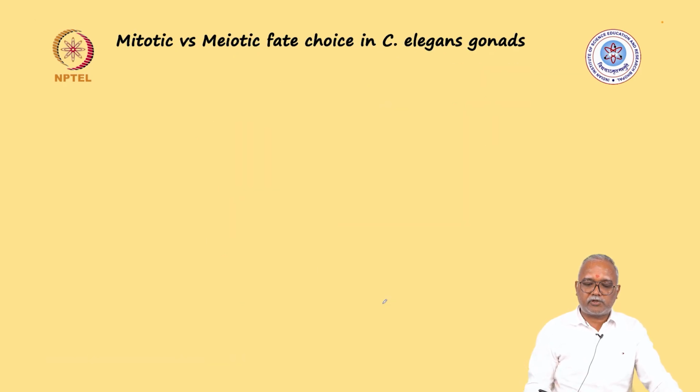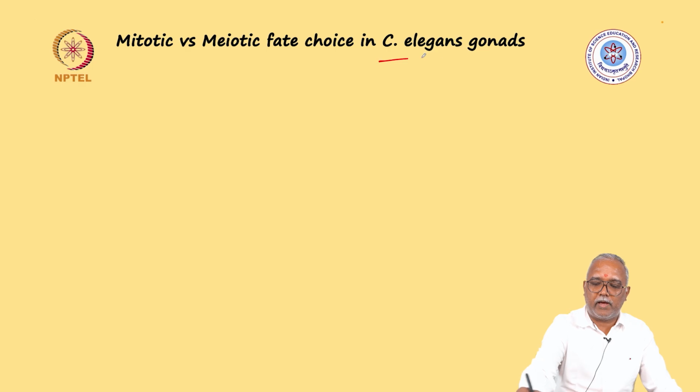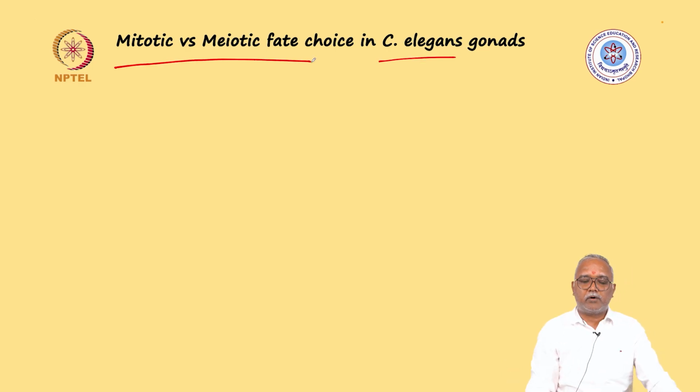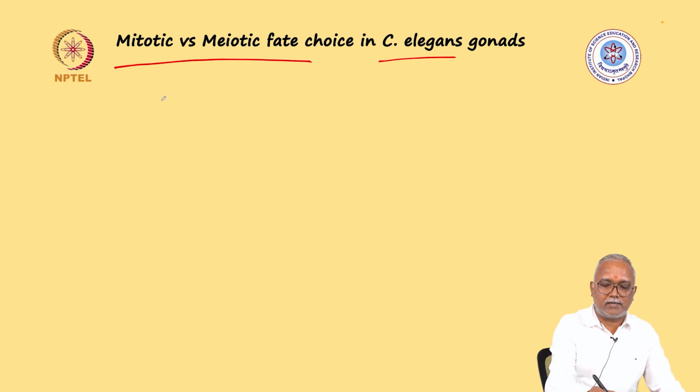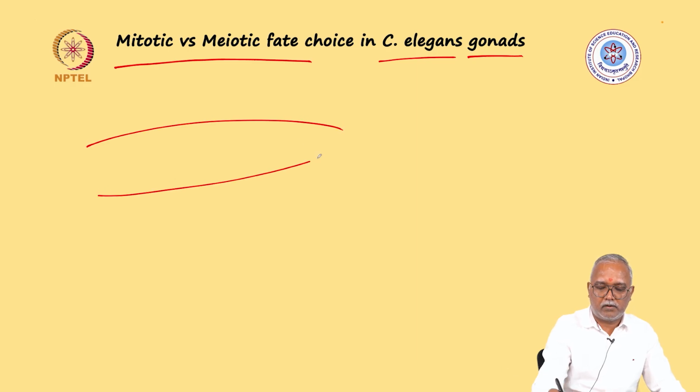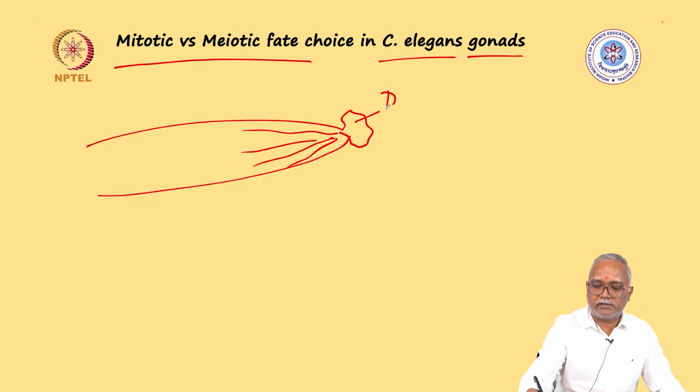One more example which comes from the C. elegans, where this Notch-delta signaling is inducing mitotic versus meiotic fate choices. So if we think about the gonads in C. elegans, there are cells, and there is one unique cell which is present here, which has tentacles. It's called distal tip cell.